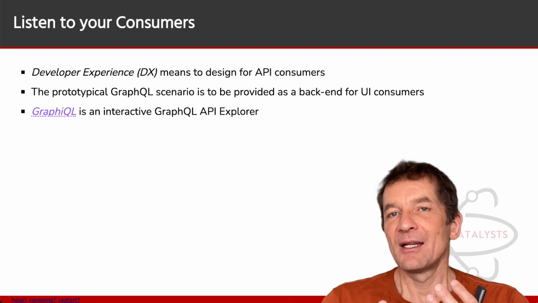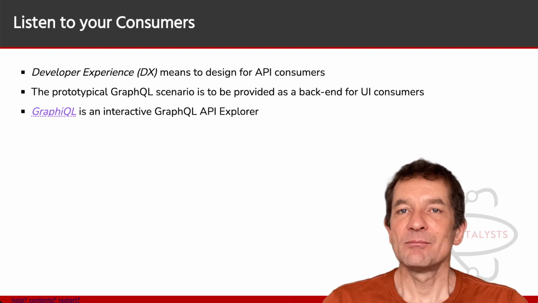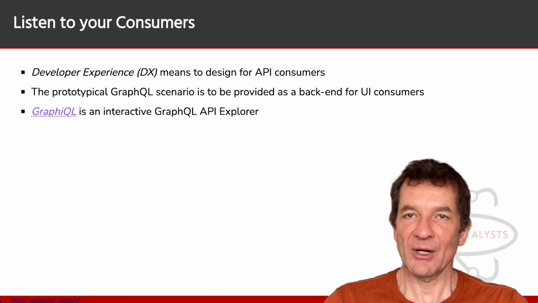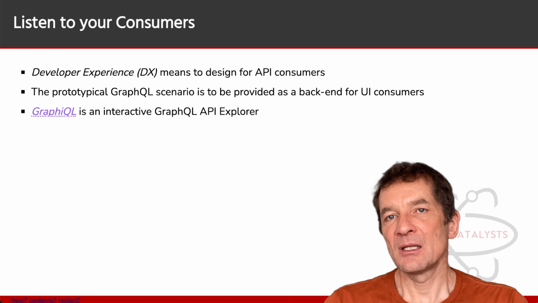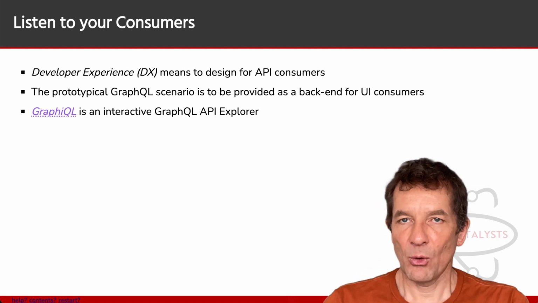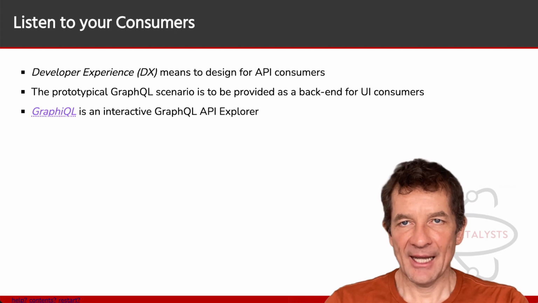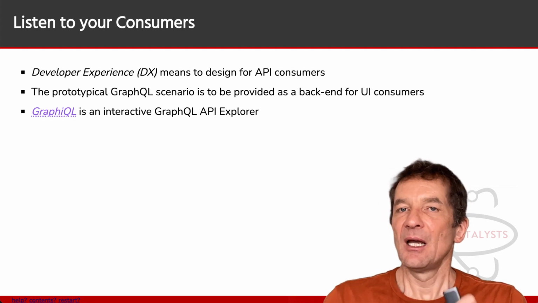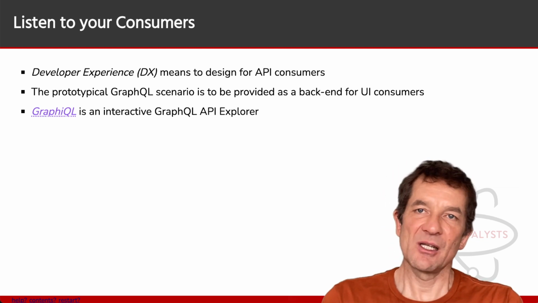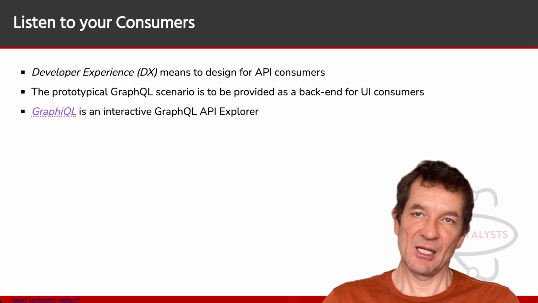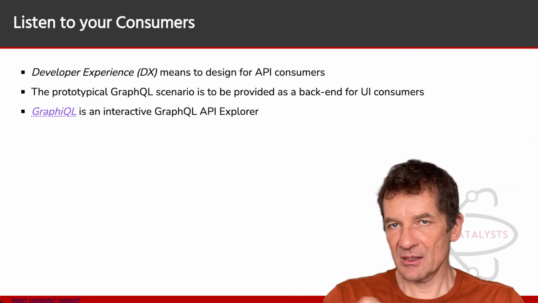Another thing that might also play into this, there's different kinds of tooling around those two approaches. And one interesting thing that GraphQL users really like is this tool called GraphiQL. And GraphiQL is a tool that allows you to interactively explore a GraphQL endpoint. It will look at the schema, it will allow you to build queries, and you can run those queries and see what you get as a result, and the response will be informed by the schema and tell you, well, you should have typed this and not that.